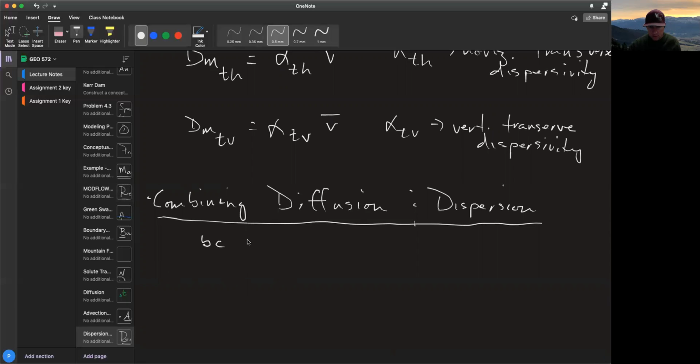Because both diffusion and dispersion are Fickian. And remember, this is based on the assumption that our velocity distribution is normal. They're both driven by concentration gradient.